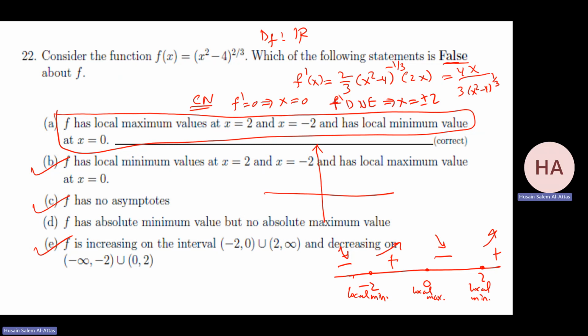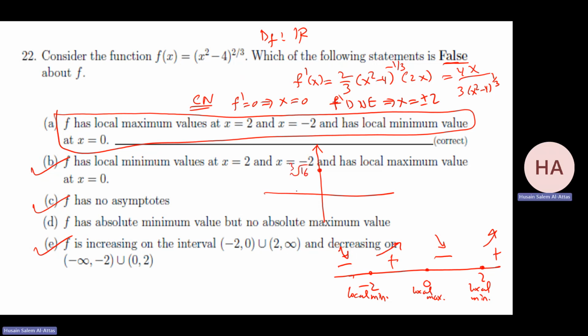I have cube root of 16 at x equals 0, which is somewhere here.